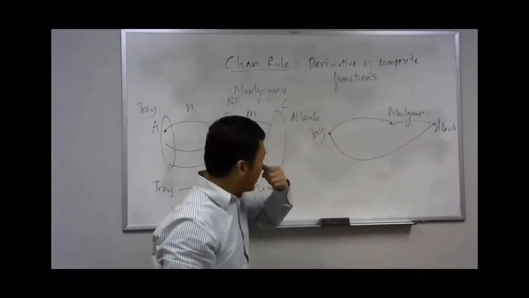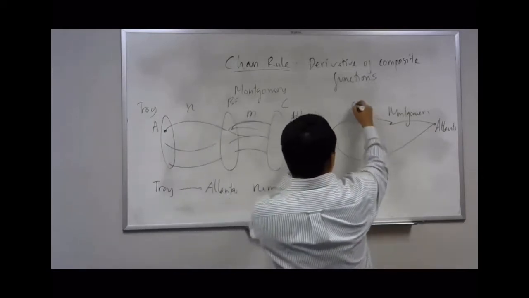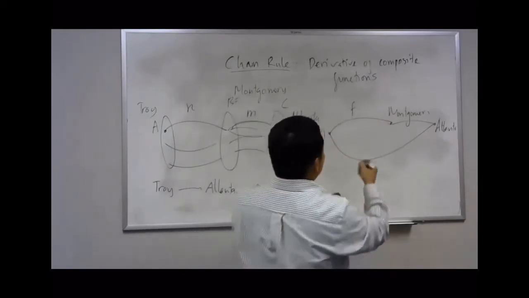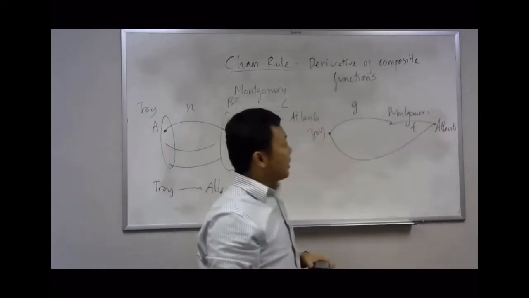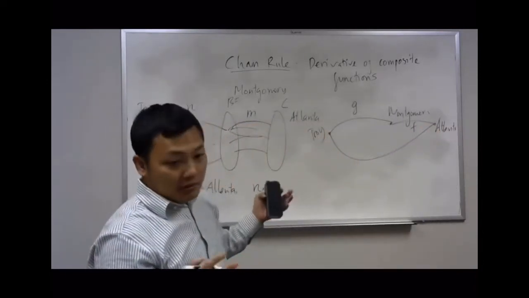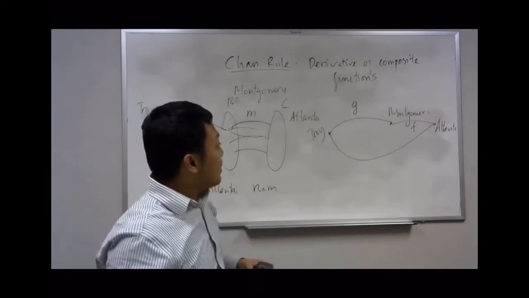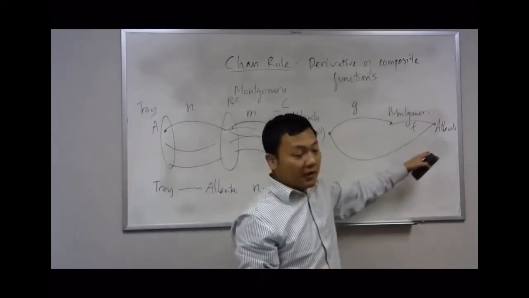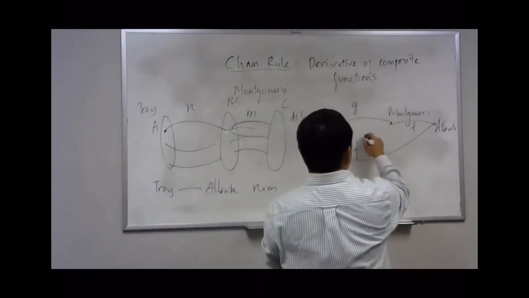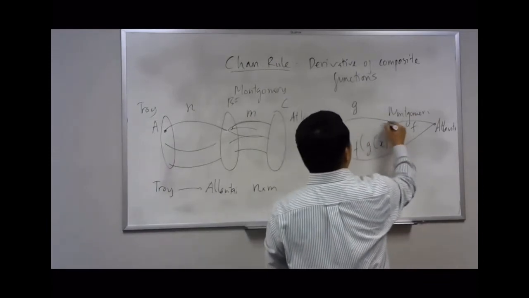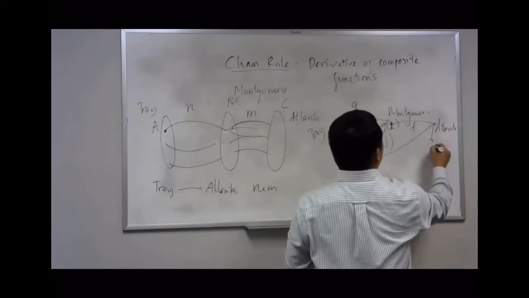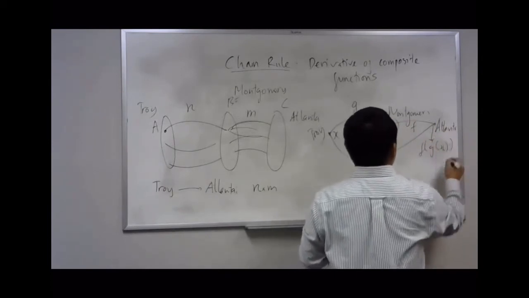Suppose this is g, and from Montgomery to Atlanta, that is some function f. So here we have a composite function, f of g of x. Here is x, here is g of x, and this point is f of g of x.